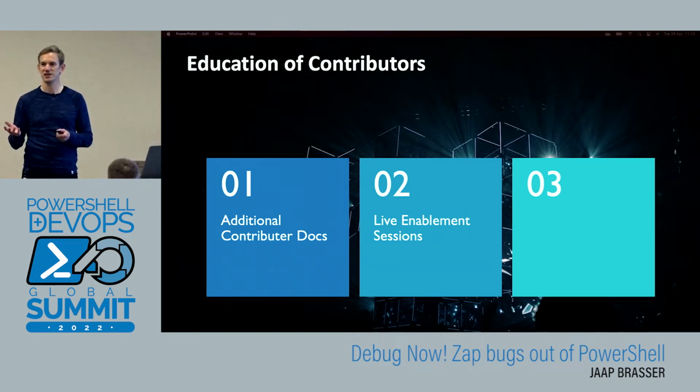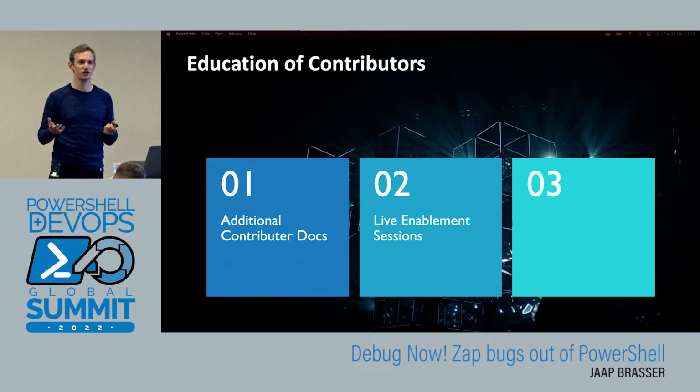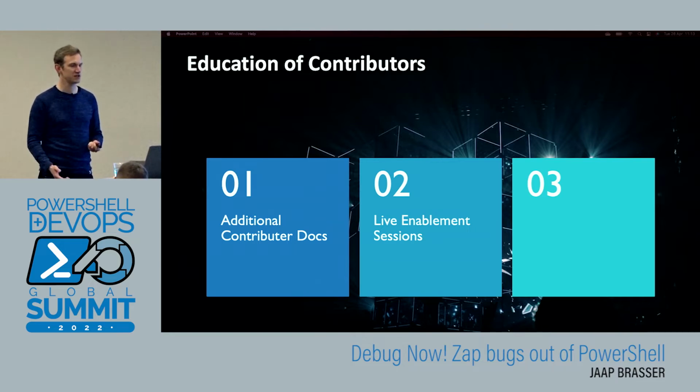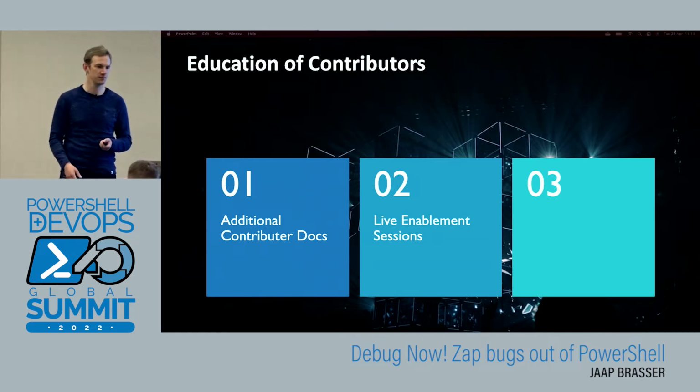If you were in my session yesterday, you might have heard me say that as well. Making sure that contributors are aware of what is expected of them was an important part of this. So we not only documented that testing was required, but also where they could find the resources and what the expectations of the different unit tests were.